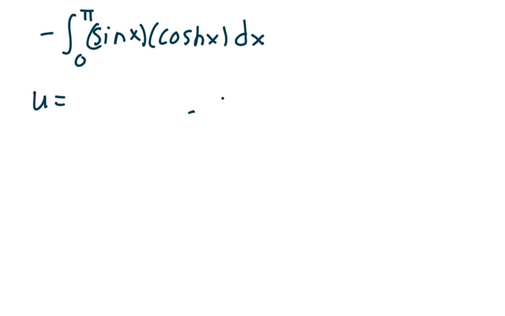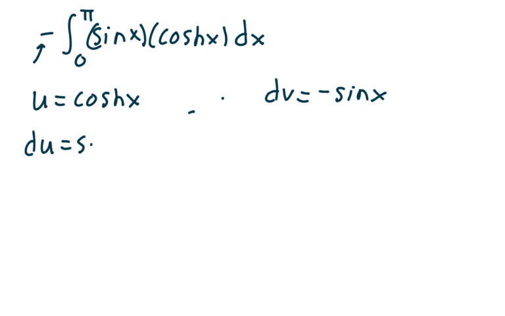So I'm going to let u be hyperbolic cosine x. And I'm going to let dv be negative sine x. Don't forget the negative there, right? So du is hyperbolic sine of x, right? The sign doesn't change when you're dealing with hyperbolics.